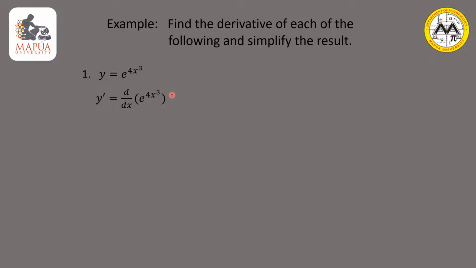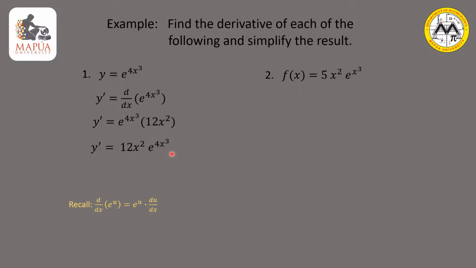Please take note that the given function is just of the form e to the u, and that the derivative of e to the u with respect to x is given by e to the u times du dx. Hence, y prime here would just be given by e to the 4x cubed times the derivative of 4x cubed given by 12x squared. Or we may write y prime equal to 12x squared times e to the 4x cubed.